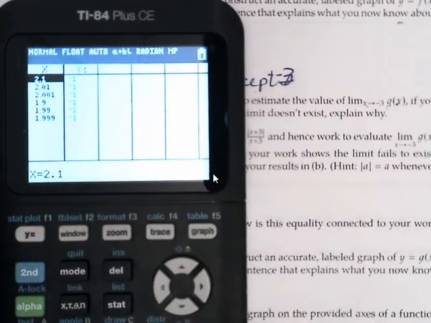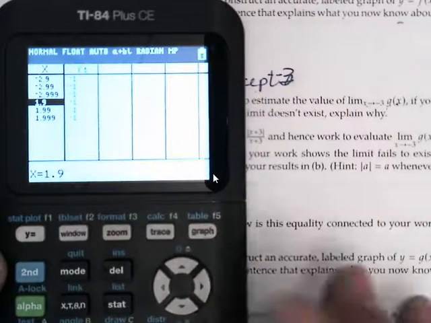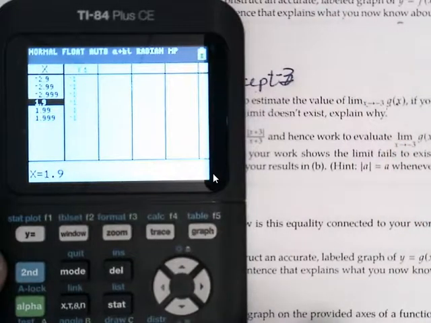So I'm going to put in negative 2.9, negative 2.99, negative 2.999, and I'm getting closer to negative 3, and I'm getting negative 1s. Now I'm going to do something from the other side, from the left side, lower.